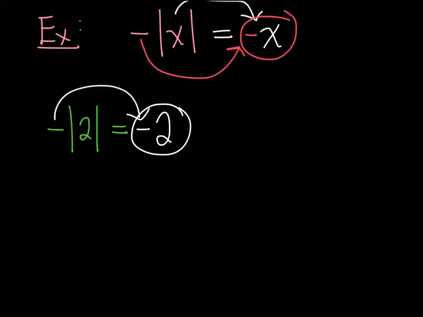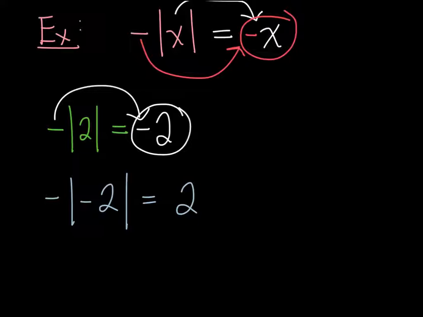If we have a negative inside and outside, it looks a little bit trickier, but just think about it. Anytime we have a negative inside of our brackets, it's going to be positive. It's just asking you how many places negative 2 is from 0. We know negative 2 is 2 places from 0.